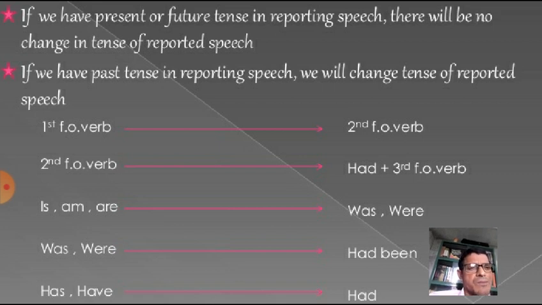So again I am repeating it: if in the reporting speech past simple is there, and in the reported speech has or have is there, then you should change has and have into had whenever changing from direct speech to indirect speech. So this is about the change of tense, dear student, and I hope you have understood it.